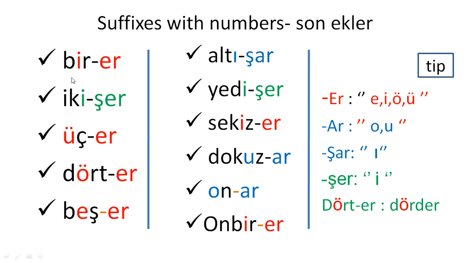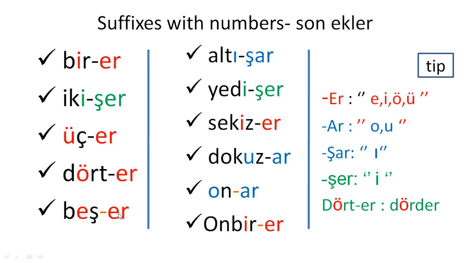Now let's start with number 1. Bir, birer. İki, ikişer. Üç, üçer. Dört, dörder. Here there's a difference: the T letter drops and we put D, as you can see, dört, but when we talk in sentences, we say dörder.